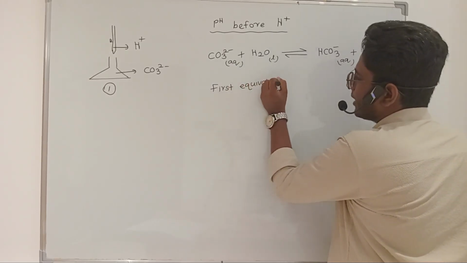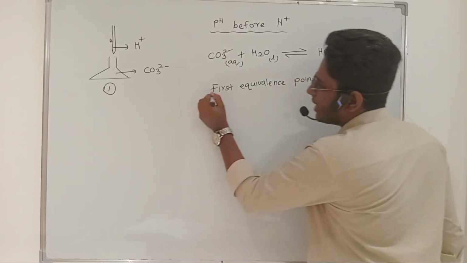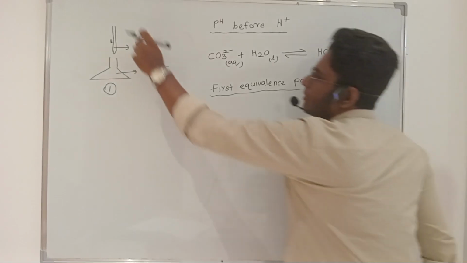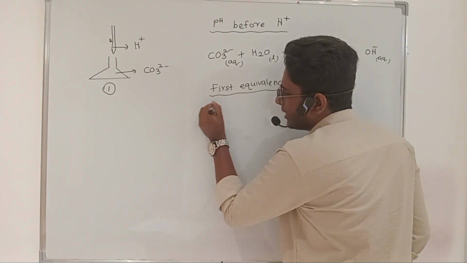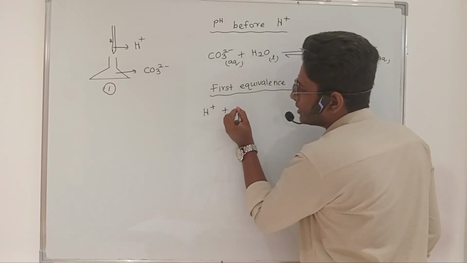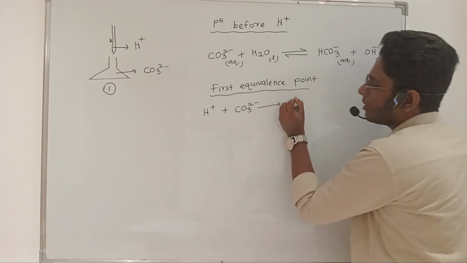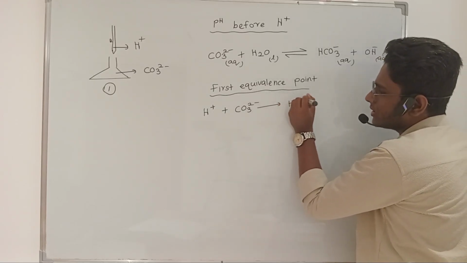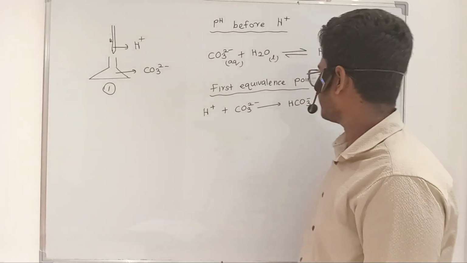Now, at the first equivalence point, you will be adding H plus through the burette. The added H plus will be reacting with the carbonate present in the titration flask, and it will be forming bicarbonate. This is a complete reaction, because when acid and base react, it means a complete reaction.